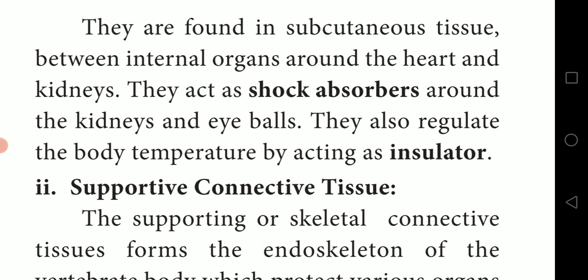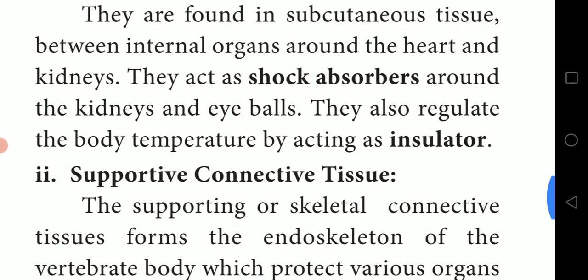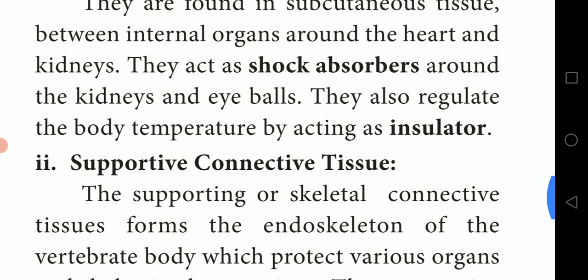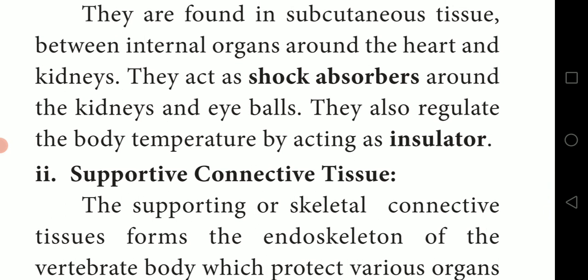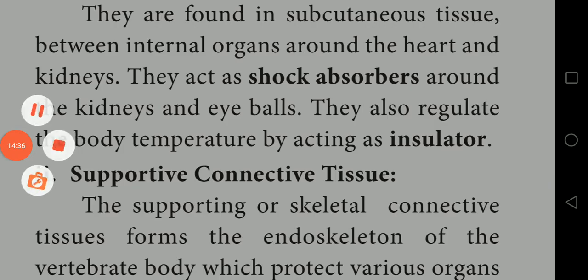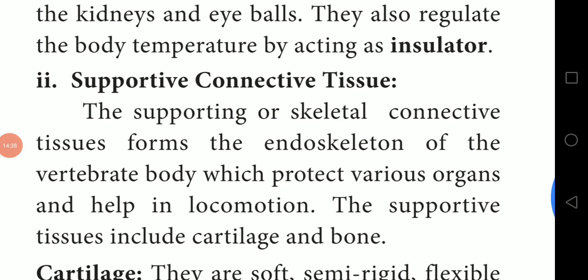Whenever we have a sudden shock to the kidney as well as the eyes, these adipose tissues help to absorb that shock. They also regulate the body temperature by acting as insulators.